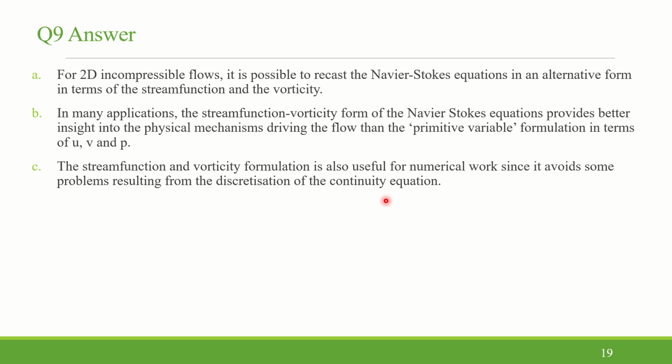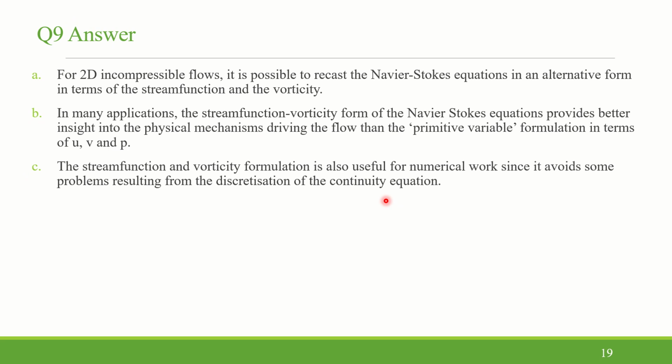So what we are saying is that this particular method, the stream function vorticity method, is just recasting the Navier-Stokes equation in another form by using these two variables, stream function and vorticity, and this is applicable for two-dimensional systems only.